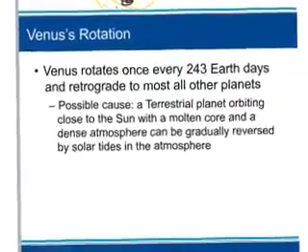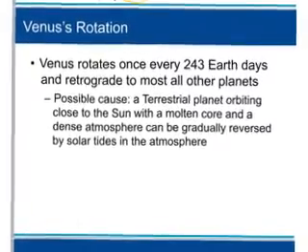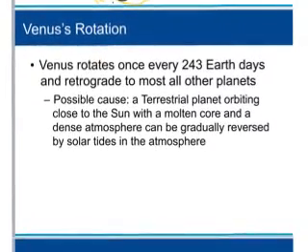So Venus's rotation is a little odd. It rotates once every 243 Earth days. Remember that rotating means the planet is rotating about its own axis. Revolving, or revolution, is when the planet revolves around the sun.